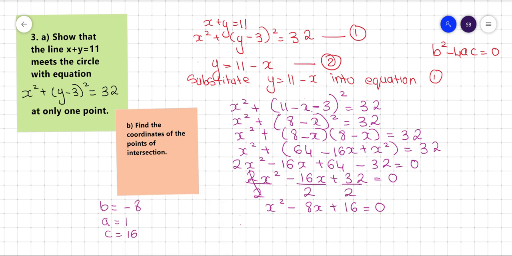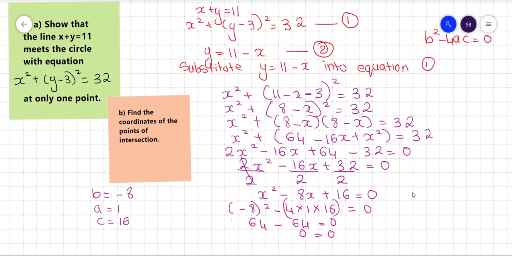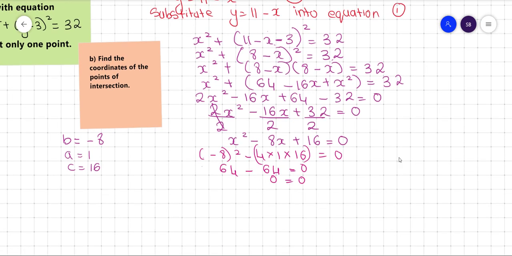Now b squared is (minus 8) whole thing squared minus 4 into 1 into 16 should be equal to 0. So this is 64 minus 16 into 4 is 64. So your left hand side is equal to the right hand side. Therefore you will get a repeated root here, which is proved by b squared minus 4ac being equal to 0.